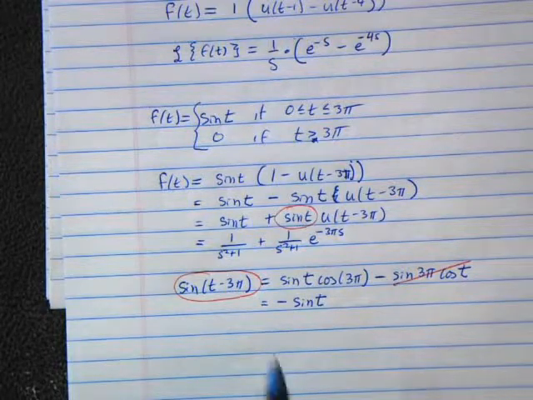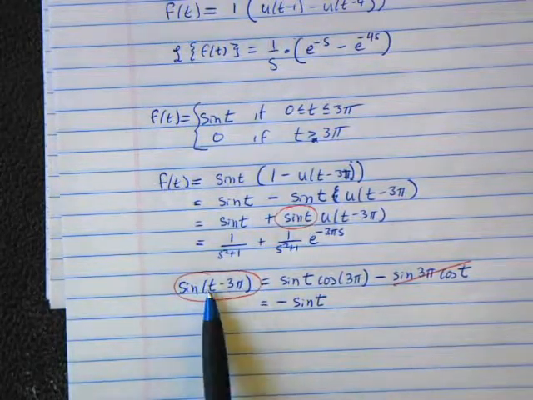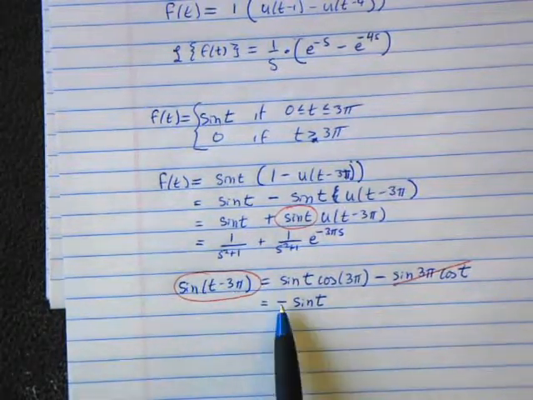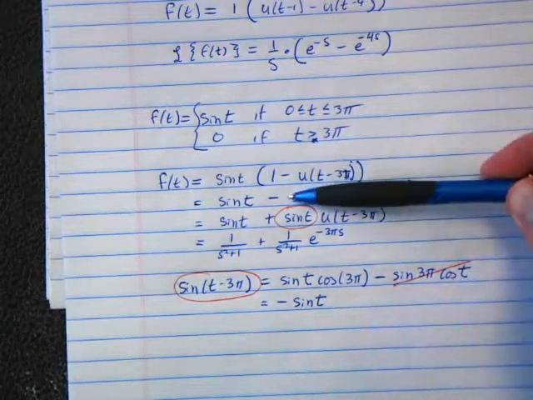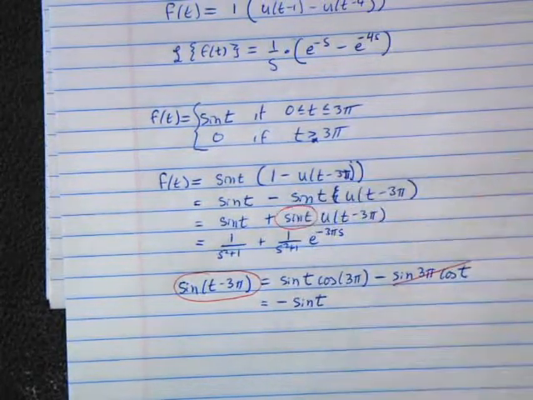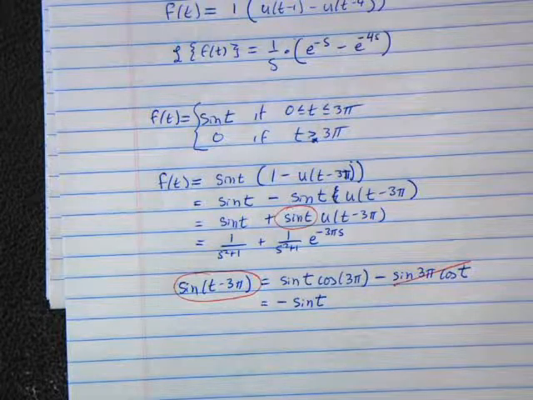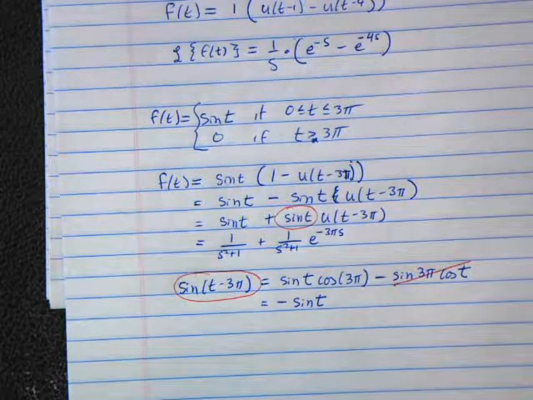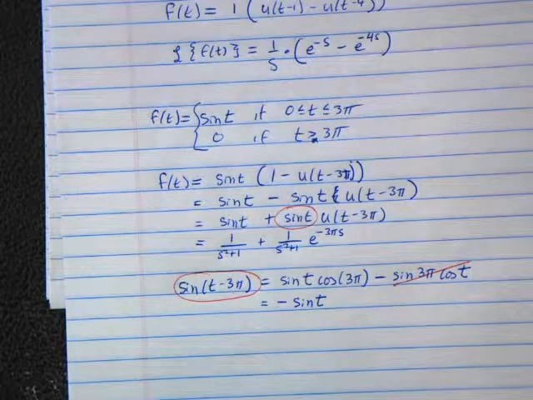That's how it changed, because you really had to have sine of t minus 3 pi there, which is the same as minus sine t. So I needed to put an extra minus in there, which made that a plus. So you're going to look up the answer in the back of the book, and you're going to be off by a sign, and you're going to wonder why am I so close?